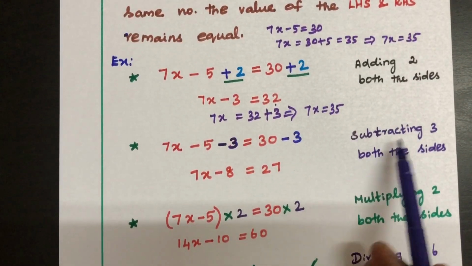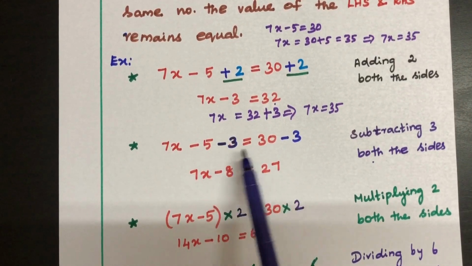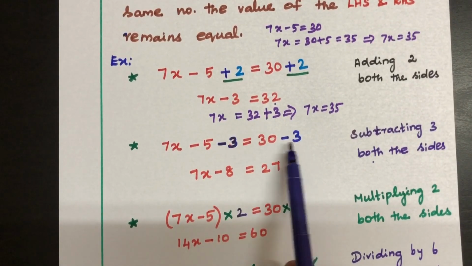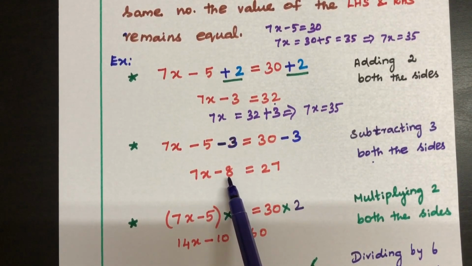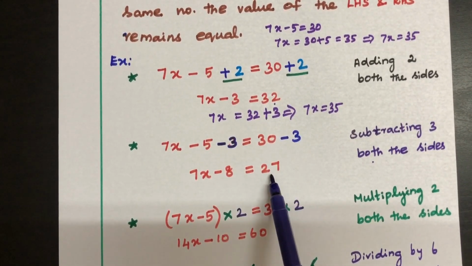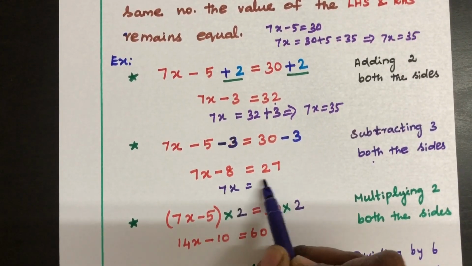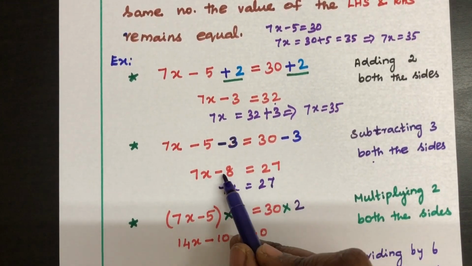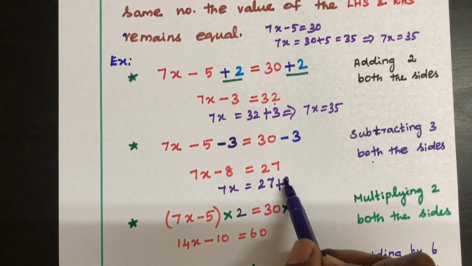Similarly, subtracting 3 on both the sides, I am going to minus 3 on both the sides. Minus 5 minus 3 gives us minus 8, right? 30 minus 3 is 27. Now see here, 7x equal to 27 plus 8. With transposition, minus 8 becomes plus 8.